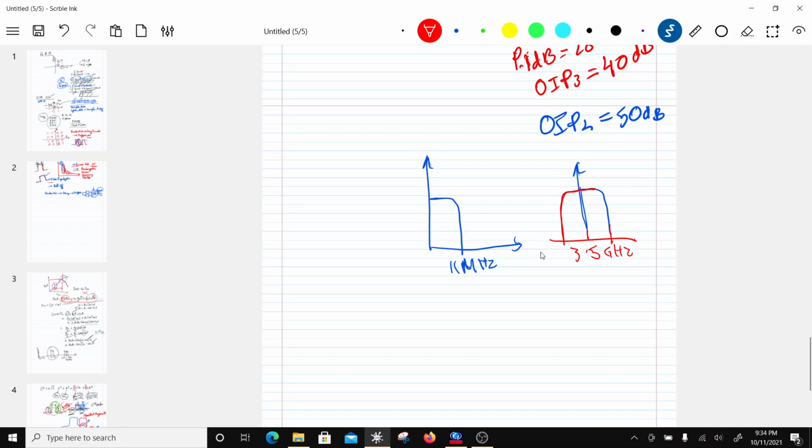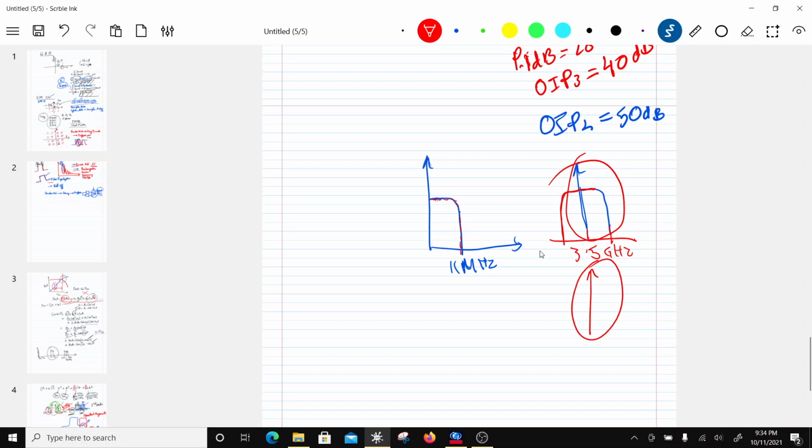Now, when you do direct conversion, you are going to mix this with 3.5, and once you mix this 3.5 with this, you are going to get this spectrum back, but over this, the same spectrum on the negative side will fold over here, right? So this is what direct conversion does.